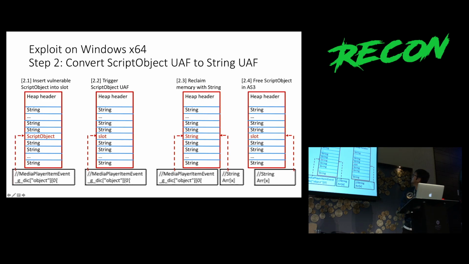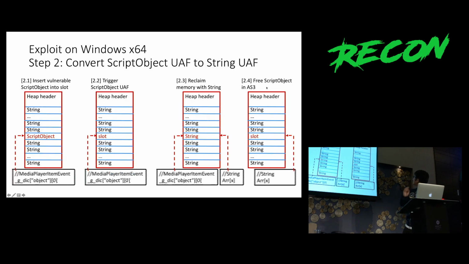And then we clean the memory with string. Now there are two objects, both having a reference to the same memory. And at last, we free the script object in AS3.